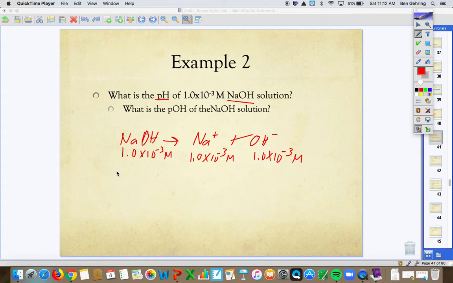So in this case, I need to use my hydrogen or hydronium times my hydroxide equals Kw. And remember, Kw is 1.0 times 10 to the minus 14.